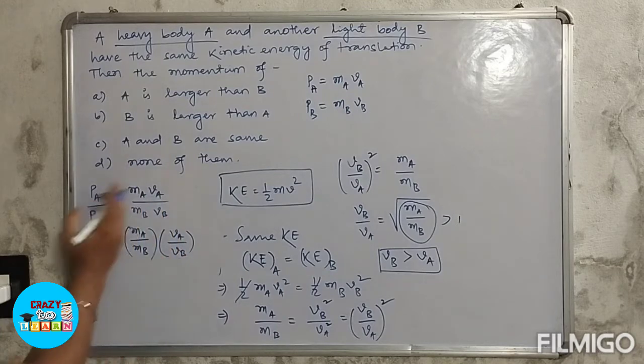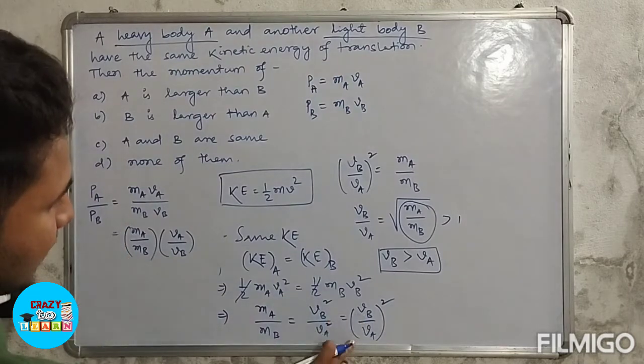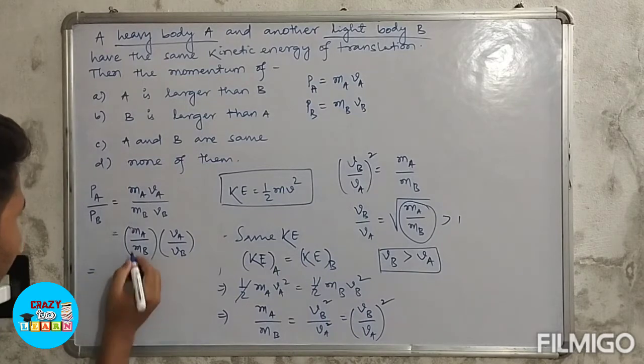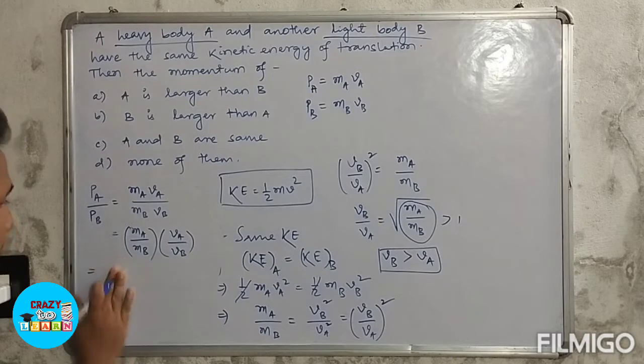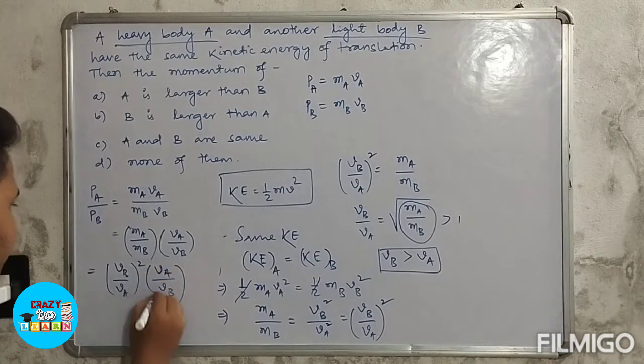I am just separating the mass and velocity: MA by MB into VA by VB. We know MA by MB is equal to VB square by VA square. So in place of MA by MB, I am writing VB by VA whole square into VA by VB.